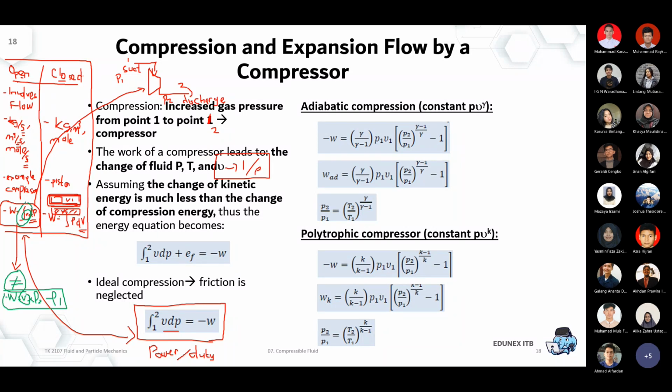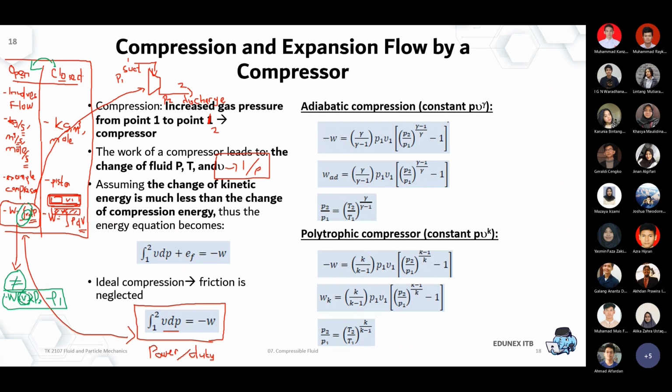Along the pressure increase, gradually the volume decreases, and all of that is captured in the calculation of the compressor duty. So here I'm talking about the difference between open and closed system, but again, don't confuse compressor duty and pump duty. The biggest difference is in how the volume changes when the pressure changes.